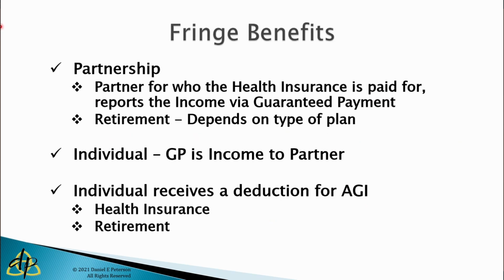For the partnership that's offering fringe benefits to the partners and to its employees for health insurance, the health insurance premiums that it pays on behalf of employees are deductible by the partnership as an expense. It's also deductible for the partner's portion of the health insurance premiums.